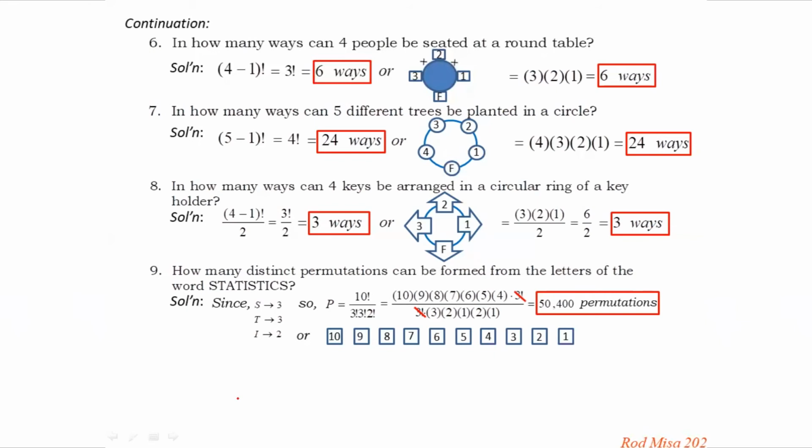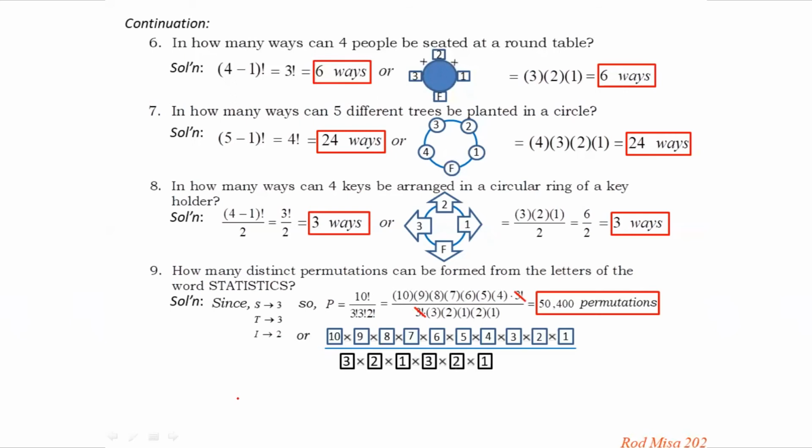But there are letters that are identical there that were counted in this product. So therefore, we must remove those arrangements. So for the letter S, which are 3 of them, we need to divide it by 3 times 2 times 1, which represents the arrangements of the 3 identical letters, which are S's, and also there are 3 identical T's here.